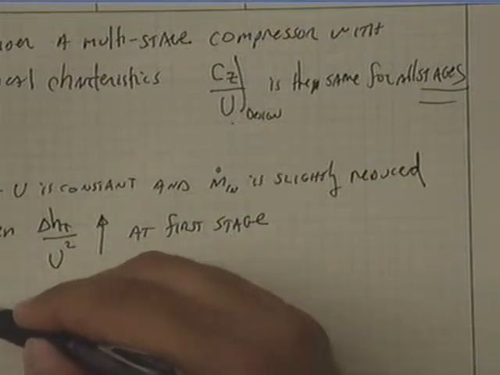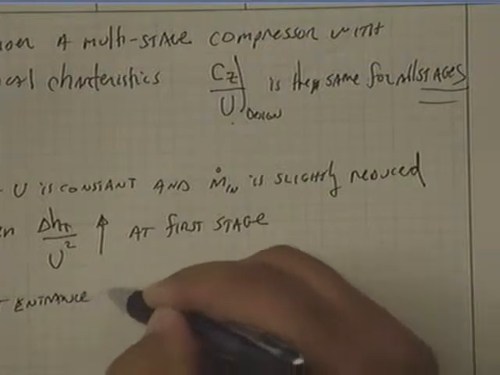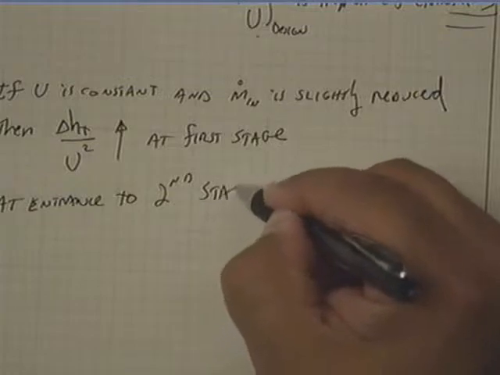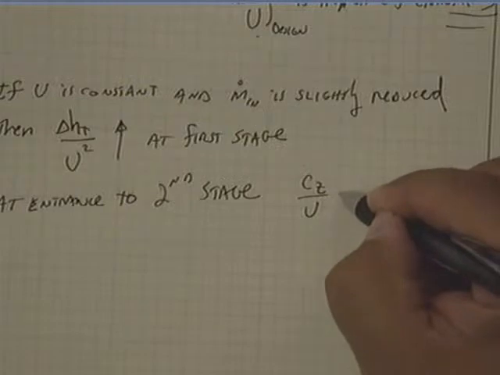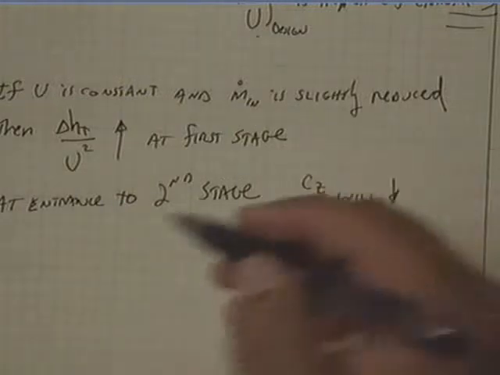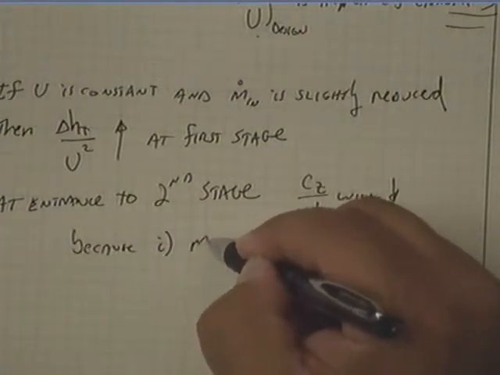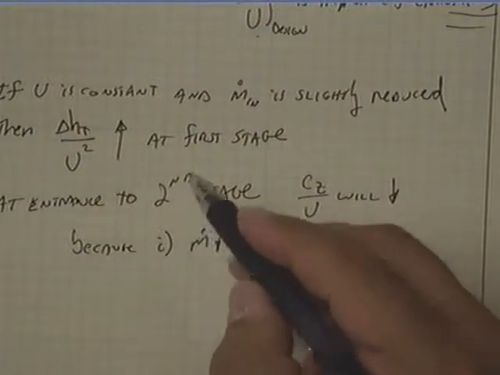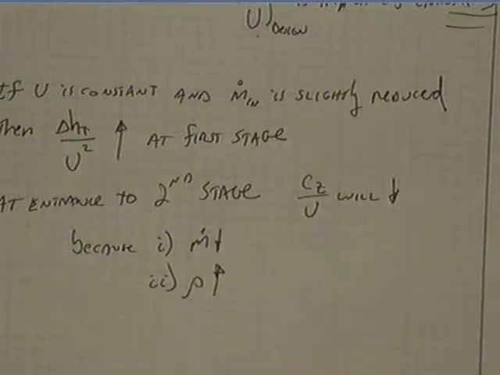At the entrance to the second stage, CZ over U will go down. Why? Because, first of all, m dot was down, right? We said before, and the density will go up.